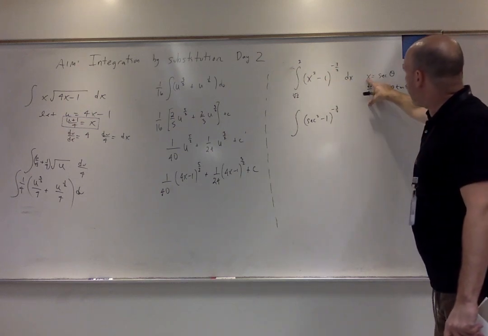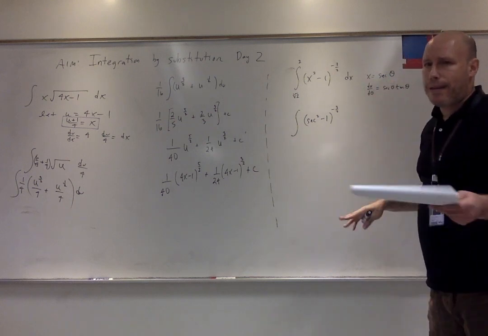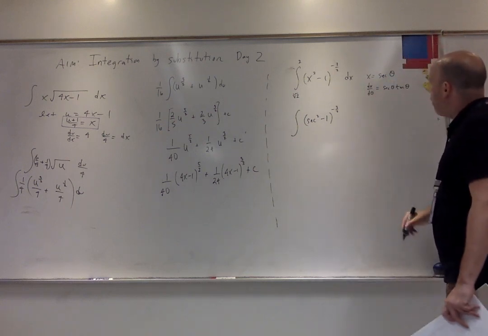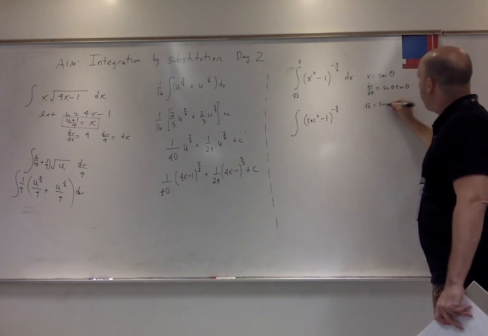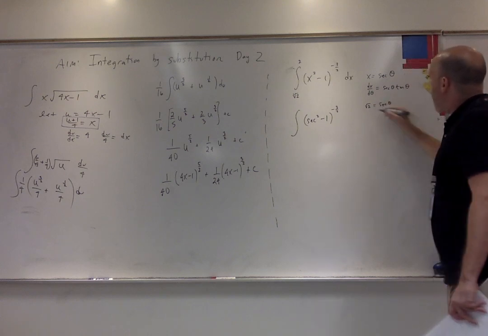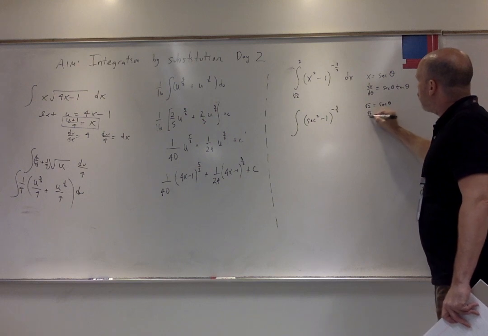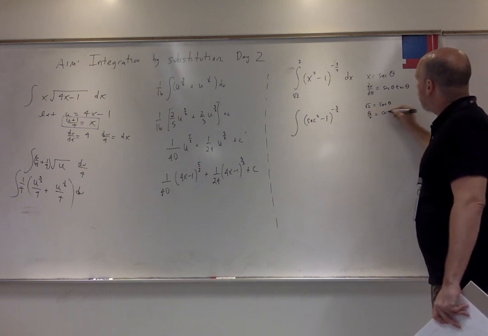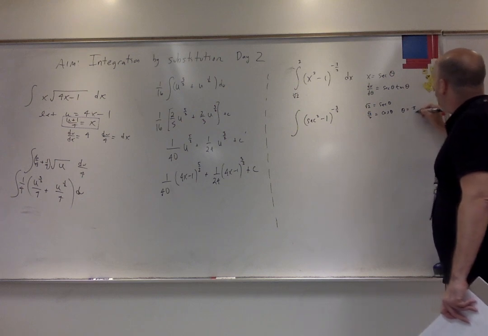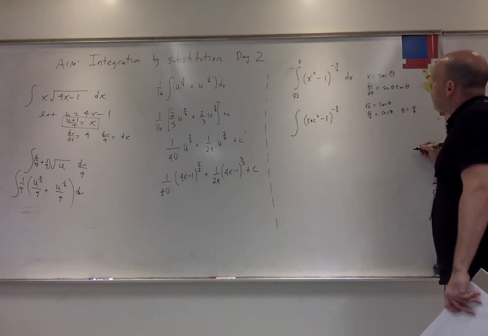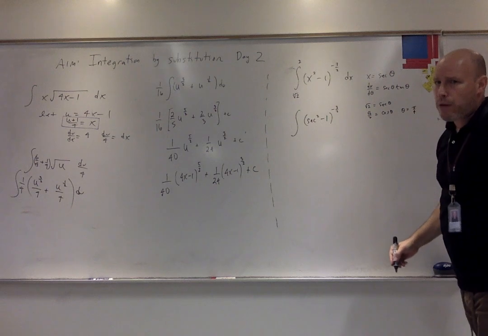But it's a little weird because it's backwards. You just have to pay attention. So if x equals radical 2 over 2 equals secant theta, then radical 2 over 2 equals cosine theta, and that means theta is equal to pi over 4. Now let's look at the upper limit.